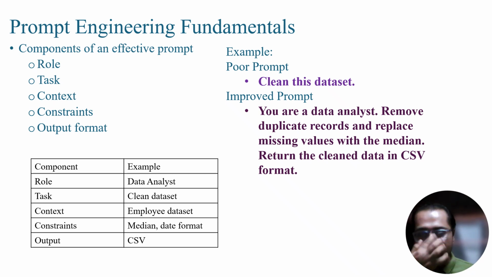Here this prompt has a role, data analyst. Next is the task. What is the task in this prompt? Clean the data set. Context, employee data set. What are the constraints? The constraint is it should replace the missing values with the median.